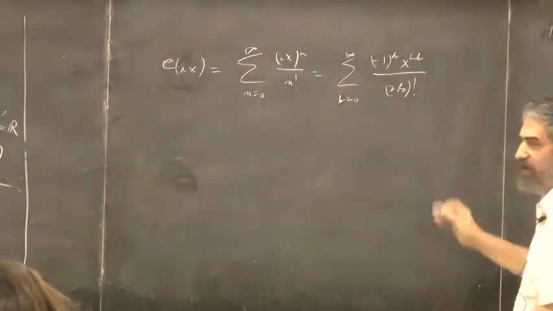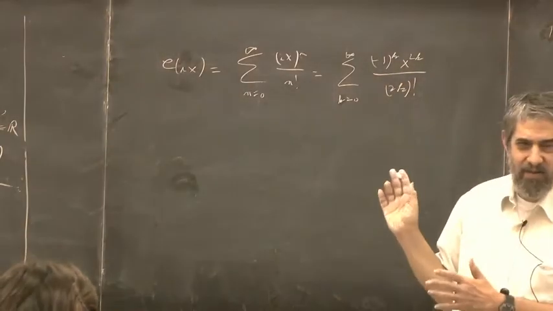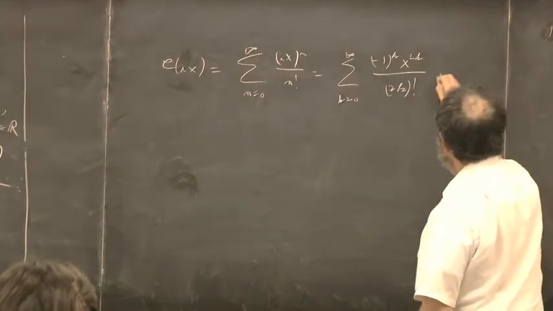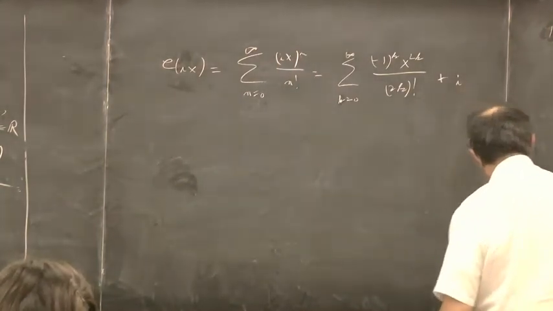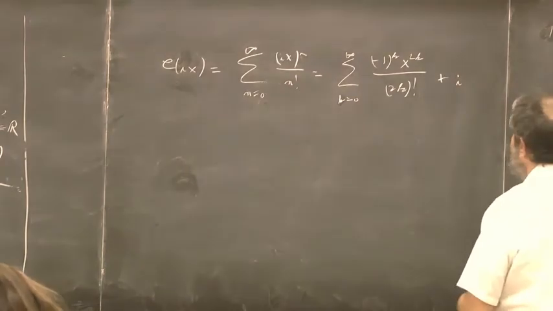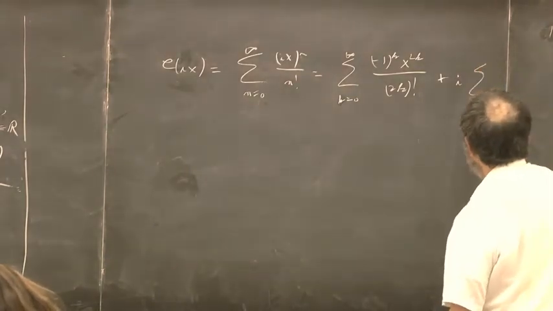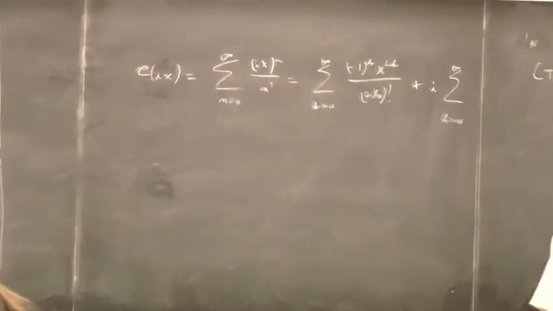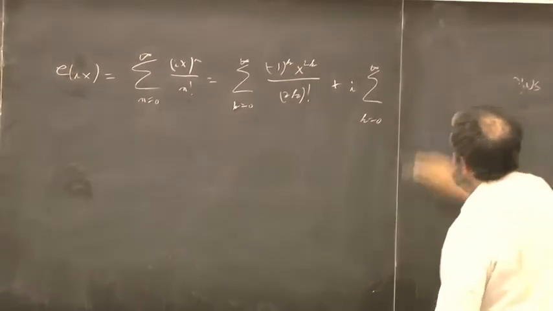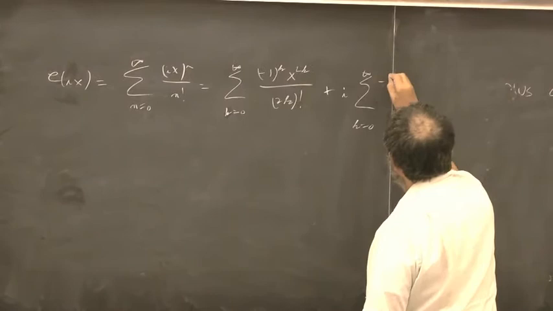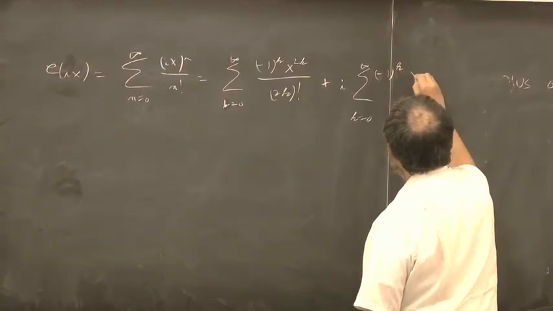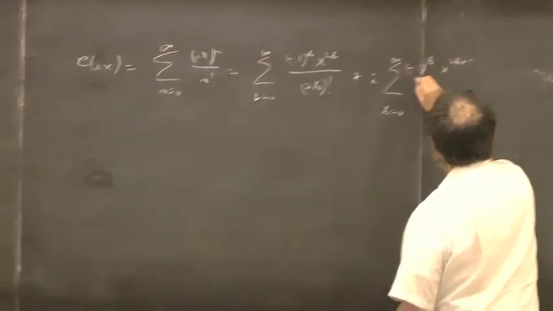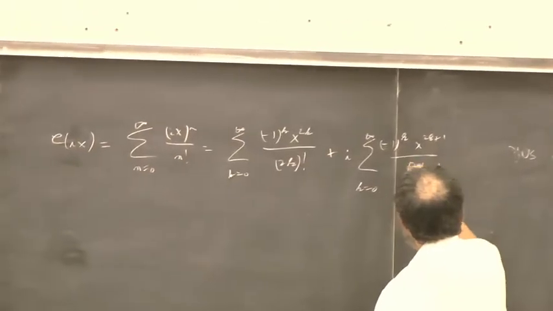All the even powers don't involve i, so we can just gather them together, plus i times all the odd terms, which is the sum from k equals 0 to infinity of minus 1 to the k, x to the 2k plus 1 over 2k plus 1 factorial.